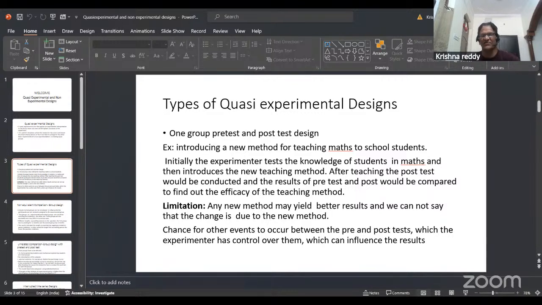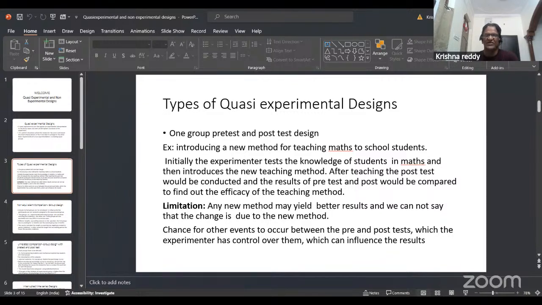Another limitation is the chance for other events to occur between the pre-test and post-test. Since there is a time gap between the pre-test and the post-test, many things will also occur. So the experimenter should have control over them, since they can influence the results. If he has no control over those things happening between the pre-test and the post-test, many events and activities would be taking place.